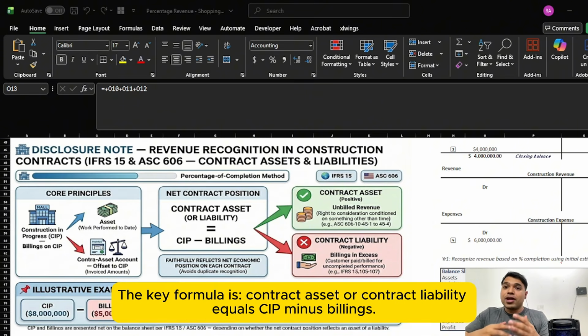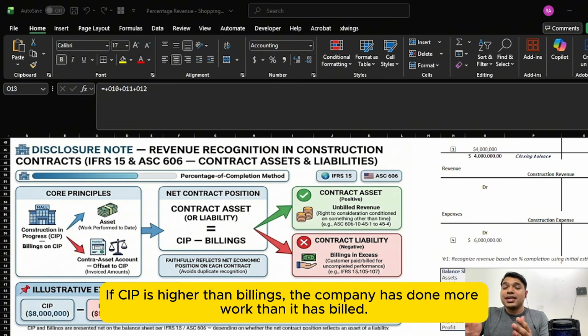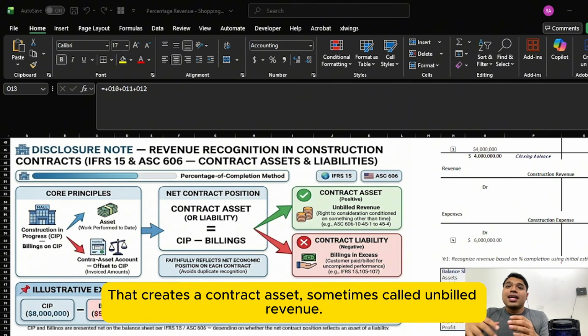The key formula is: contract asset or contract liability equals CIP minus billings. If CIP is higher than billings, the company has done more work than it has billed. That creates a contract asset, sometimes called unbilled revenue.